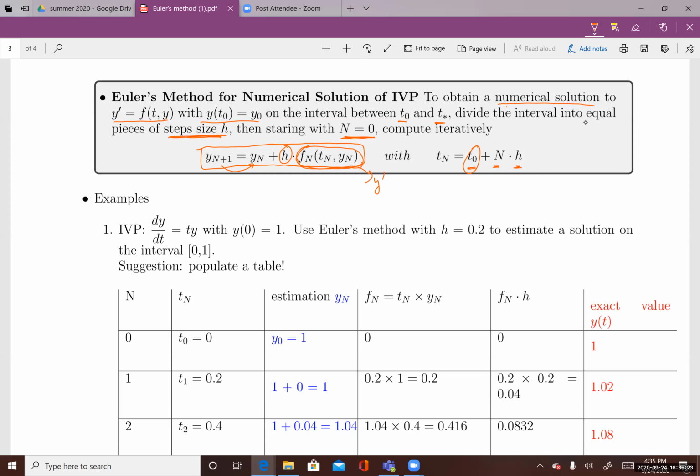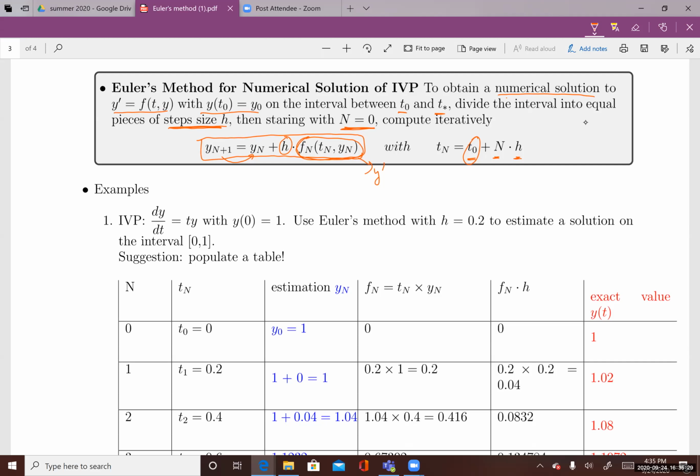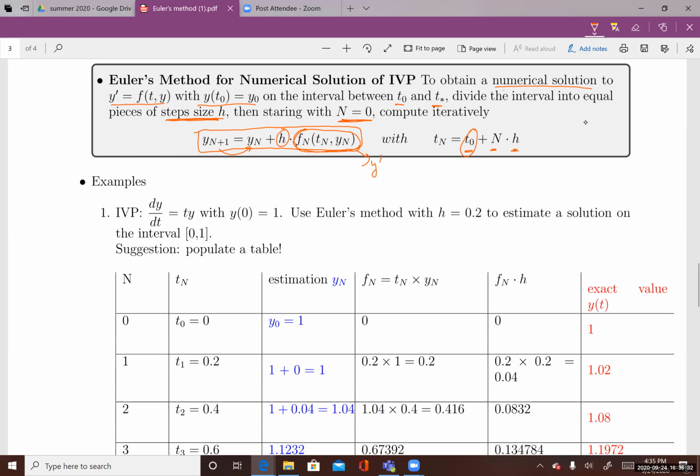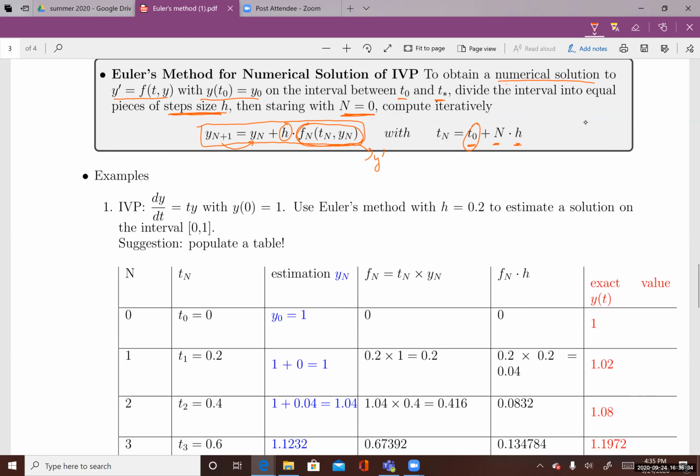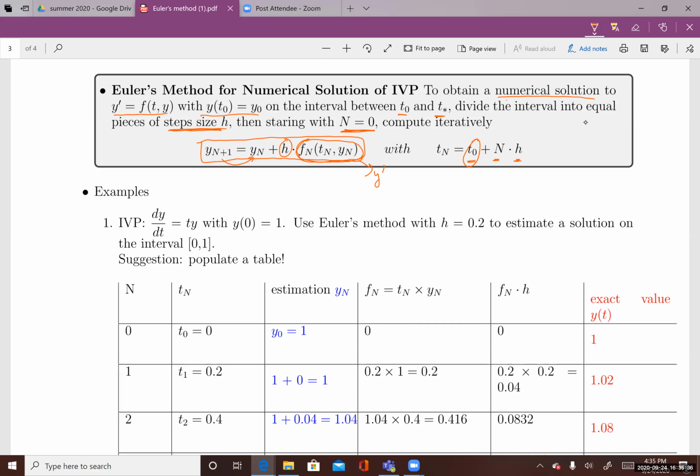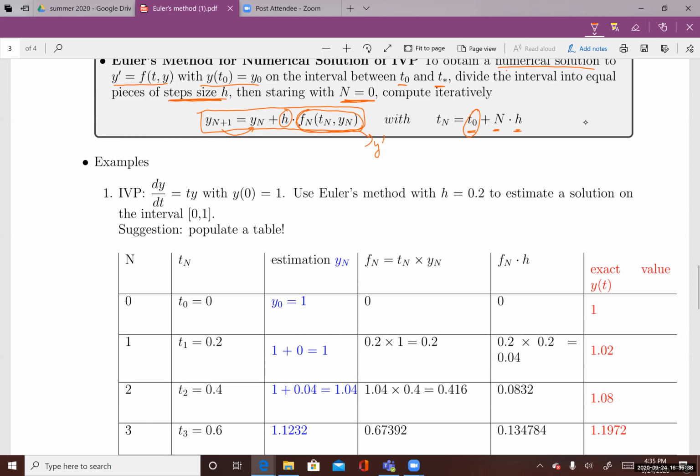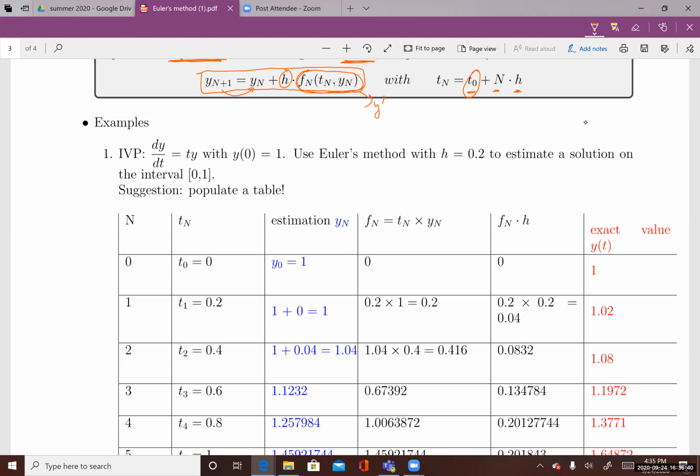And t0 is just the value of the initial point. Okay, so it's easier to use Euler's method to estimate a value by populating a table.